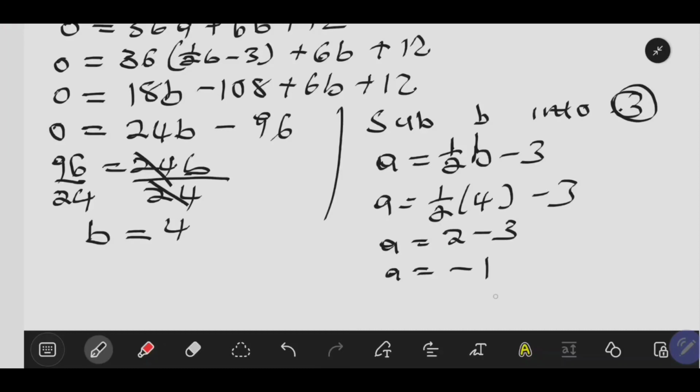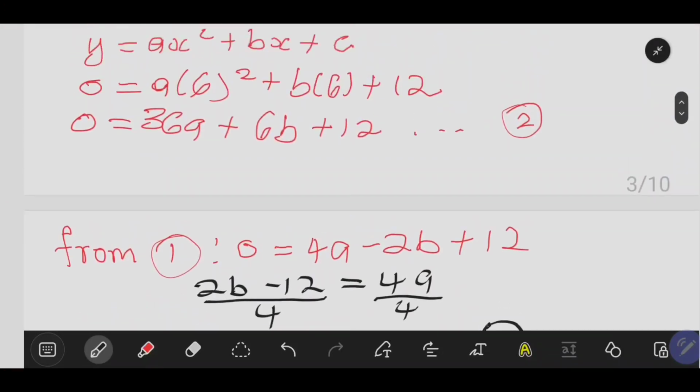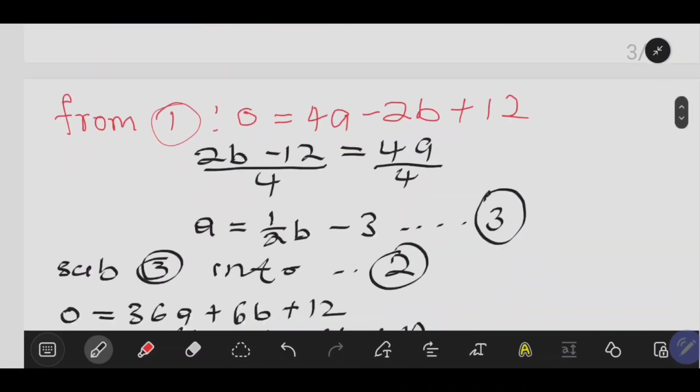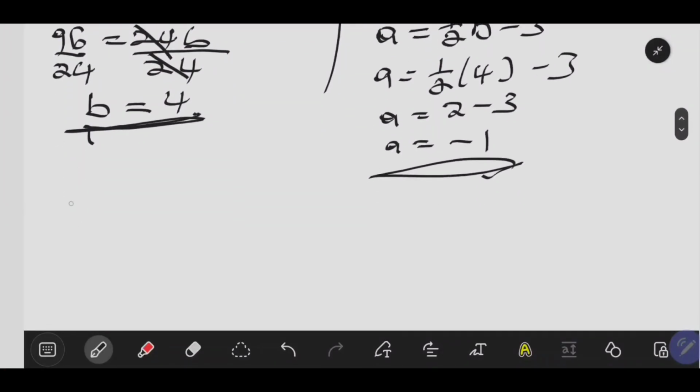So we know the value of a, we know the value of b, and we know the value of c, which is 12. Now we have to compile everything. Our function f of x can be given by negative x squared, since the value of a is negative 1, then the value of b is positive 4, then we put x, then the value of c is plus 12.